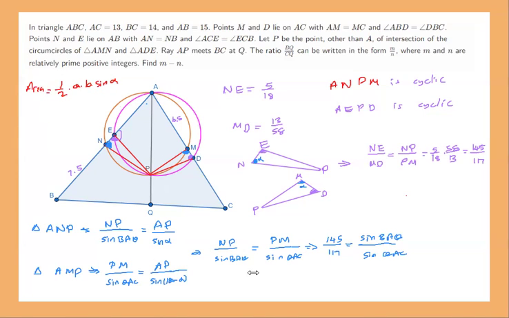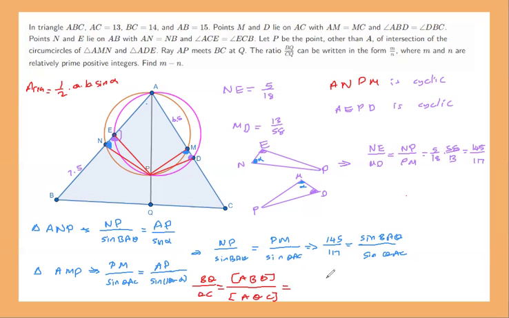So now if I take the area relation between ABQ over AQC, the reason I'm going to use this is because that's going to give us the ratio of BQ and QC. This area ratio is actually the same as what we are looking for, BQ over QC.